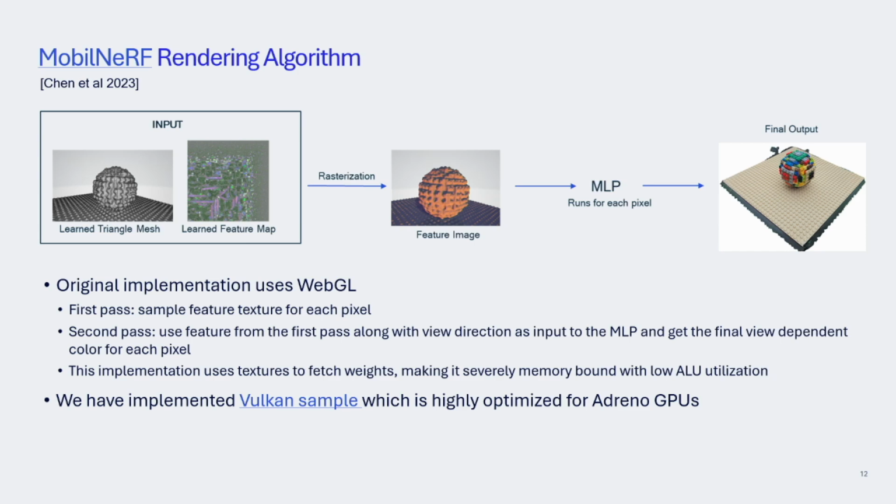And one of the things that they use in the original implementation, this is also deferred rendering, is that they use textures to fetch the weights, which made it severely memory bound with low ALU utilization. So we thought, why not take this algorithm and implement it in Vulkan, a more modern API that will allow us to do some optimizations that are closer to the metal.